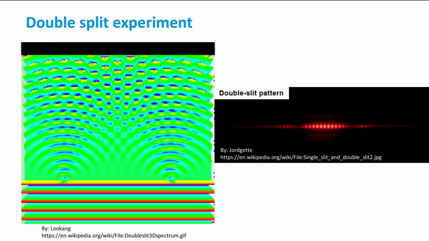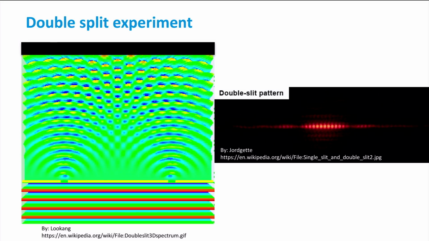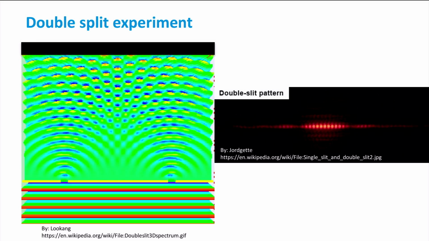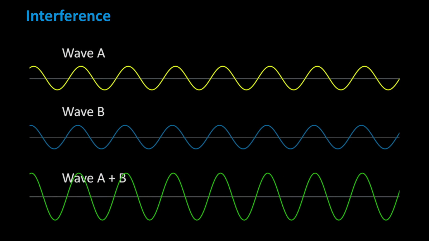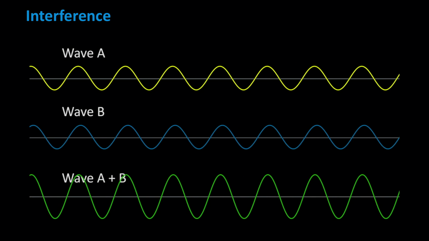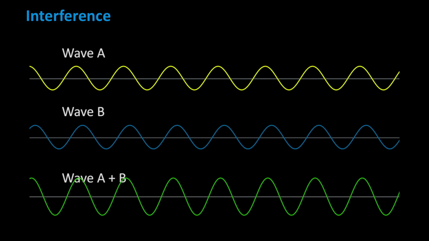We find the same familiar pattern of light intensity, but now broken up into bright red peaks and dark troughs. This phenomenon is known as interference. Interference occurs when two different waves occupy the same space at the same time. We call these waves superimposed.